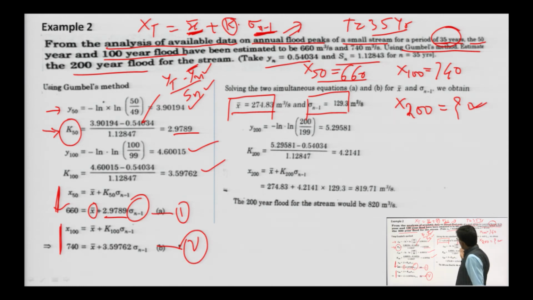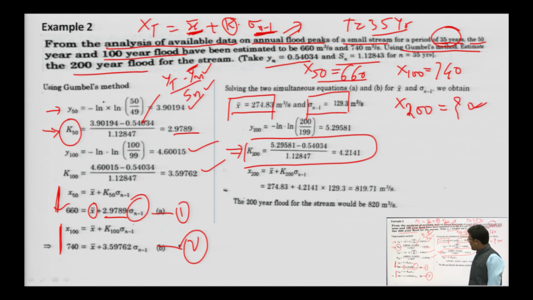Once we know that value, we calculate k for 200. Why is it possible? Because the constant coefficients y n bar and s n are given, that is why we can calculate. So, by putting in the value of k, with x mean and sigma n minus 1 known to us, we can calculate x 200 as 819.71 cumecs.